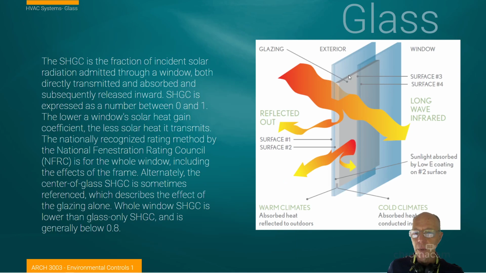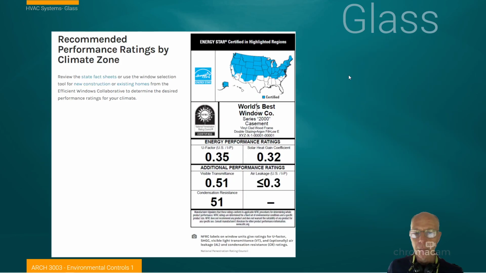So between these panes, many times in high performance glazing systems, we don't fill it with regular room air, but we use argon. Argon is an inert gas. It doesn't react well, and it has a poor thermal conductivity, so it actually improves the performance over regular room air as far as insulating properties. So a lot of valuable information here.